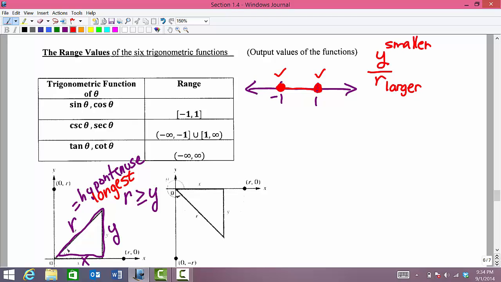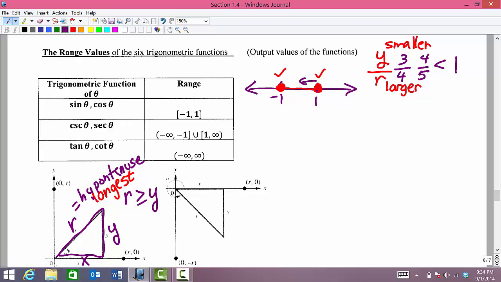But if y is smaller than r, let's look at an example like 3/4 or 4/5. If y, the top value, must be smaller and r must be larger, notice that these values would all be less than 1. So we can see how we could pick up values in between 1 and -1. We could see how we could pick up values that are less than 1.